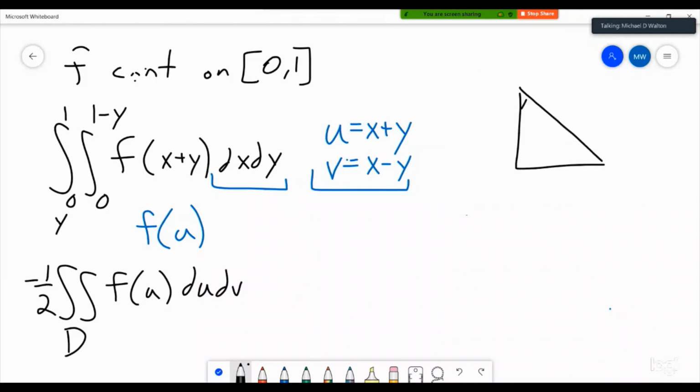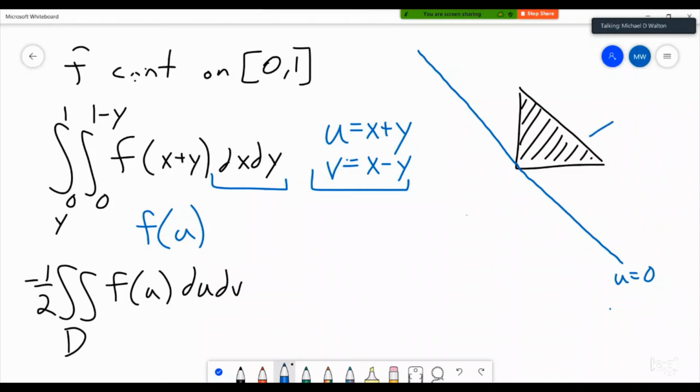So we are still looking at this region here, but now instead of our axes being x and y, our axes are going to be u and v. So if we draw our u-axis, this is the line u equals 0, and then we get out to this edge of the triangle, and this is u equals 1.